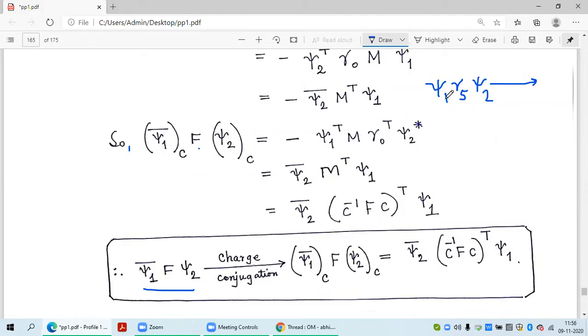Now if you take two different psis and do a parity transformation, psi1 will transform like gamma 0 psi1, psi2 will transform like gamma 0 psi2. But this will never change the positions of psi1 and psi2, whatever it may be. So you know that under parity this transforms as psi1 bar minus gamma 5 psi2.